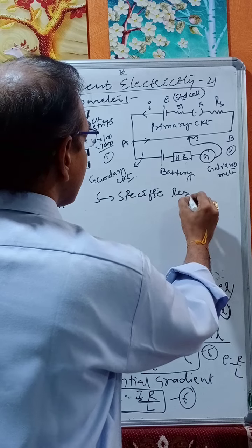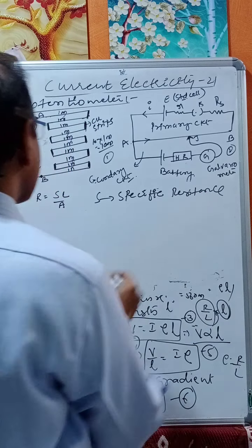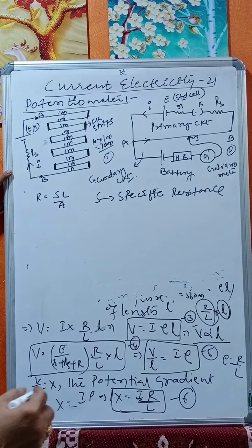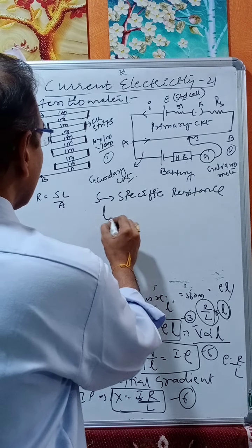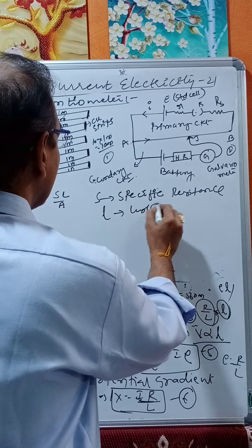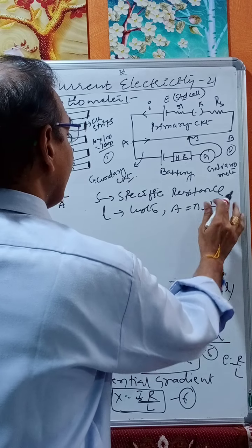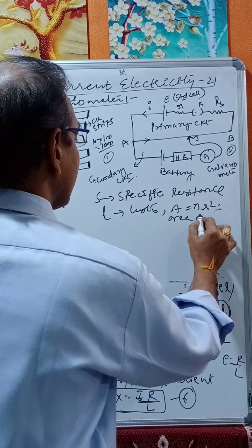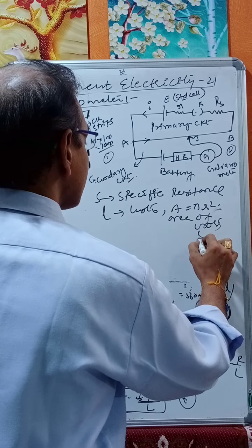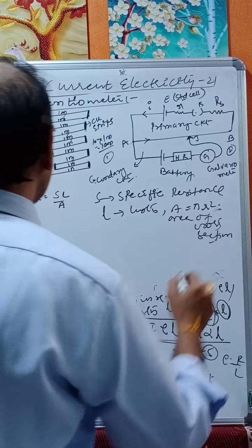L is the length of the wire, and A is pi r square, the area of cross section.